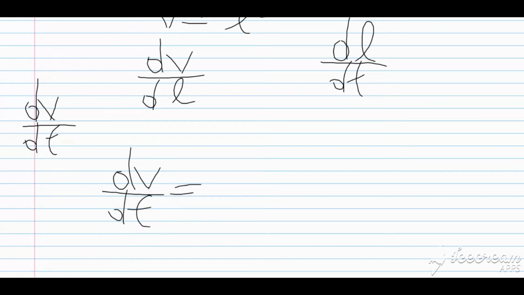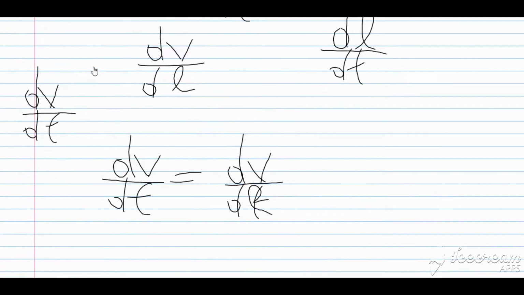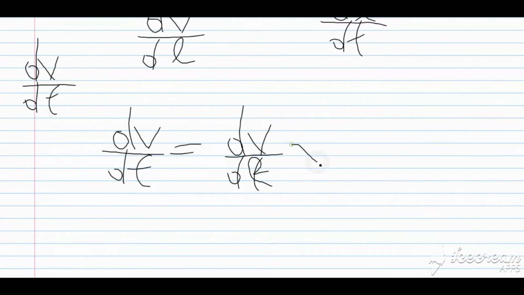Now, what if we consider dV over dl? How can we break this down so we actually get dV over dt? Notice the answer is here because we are saying that the length of the cube is going to change over a period of time. So if I were to multiply this by dl over dt, what will happen? Notice we have the dl here and we have dl there.